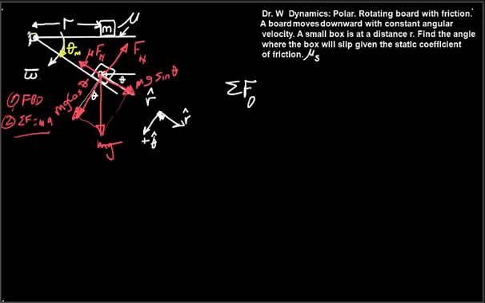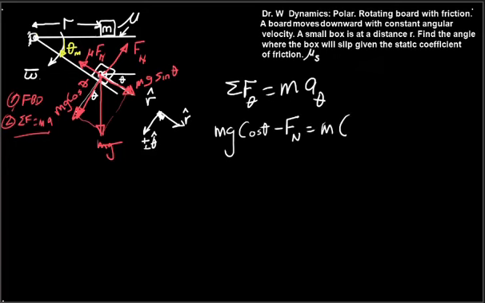Summing the forces in theta, we'll have m a_theta. This is the positive direction. We have mg cos theta minus F_N equals m times, recall in polar, 2 r dot theta dot plus r theta double dot. The board moves with a constant angular velocity, so theta double dot is 0.